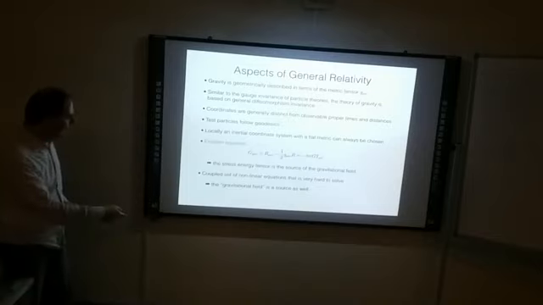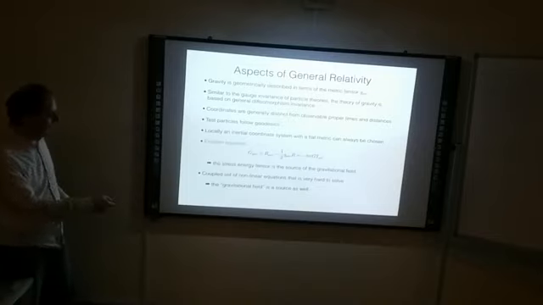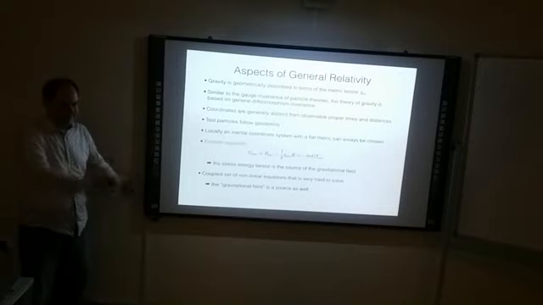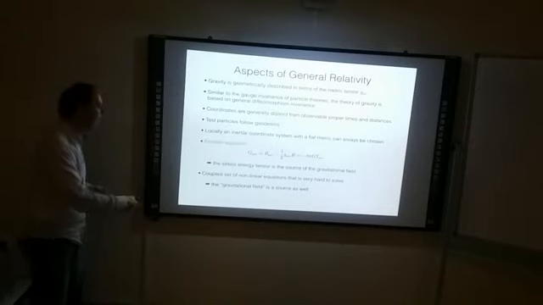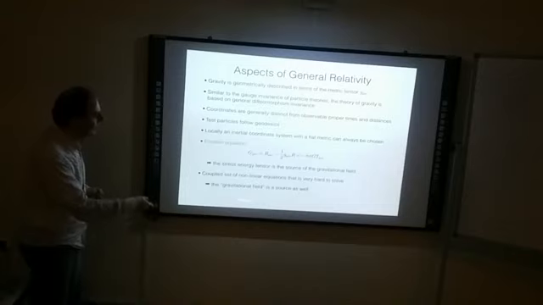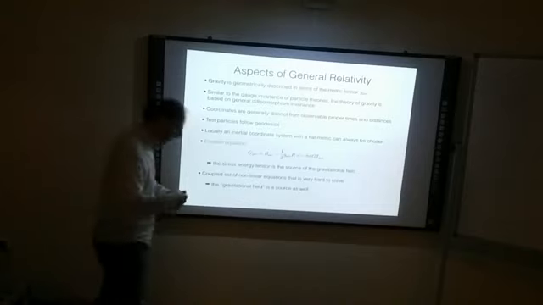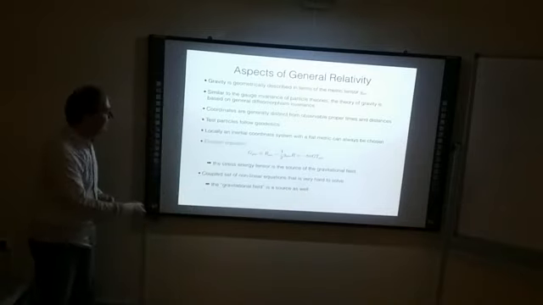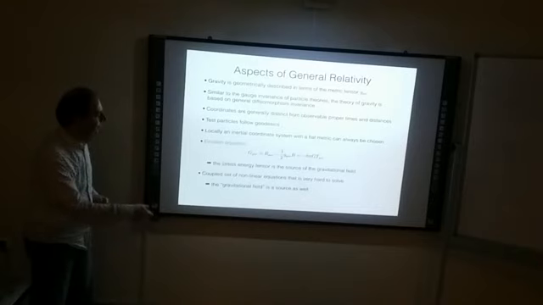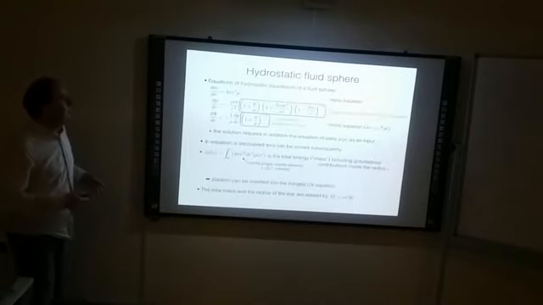In this case, the gravitational field itself also carries energy and also curves space-time, and therefore it's nonlinear. A nonlinear equation, not like the equation we saw before, namely the Newton equation, which is linear. This is nonlinear. That makes everything much harder.